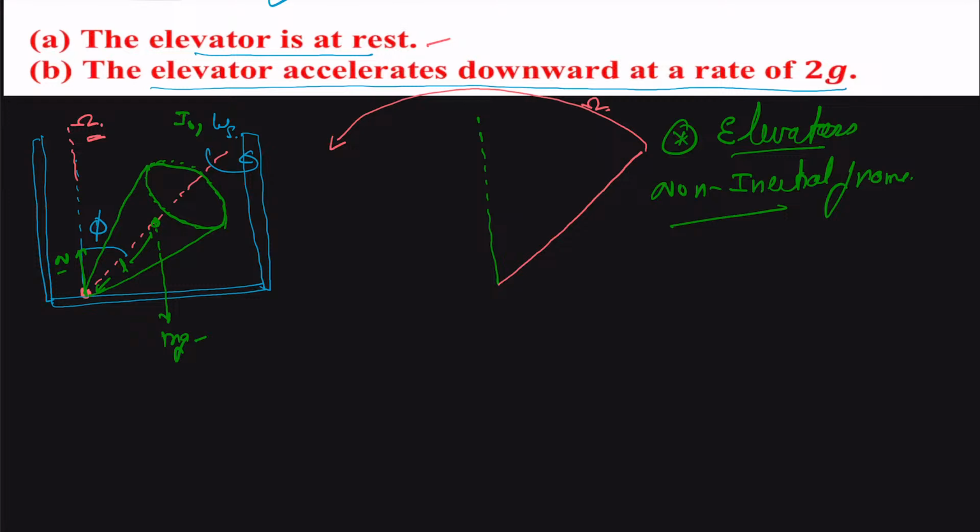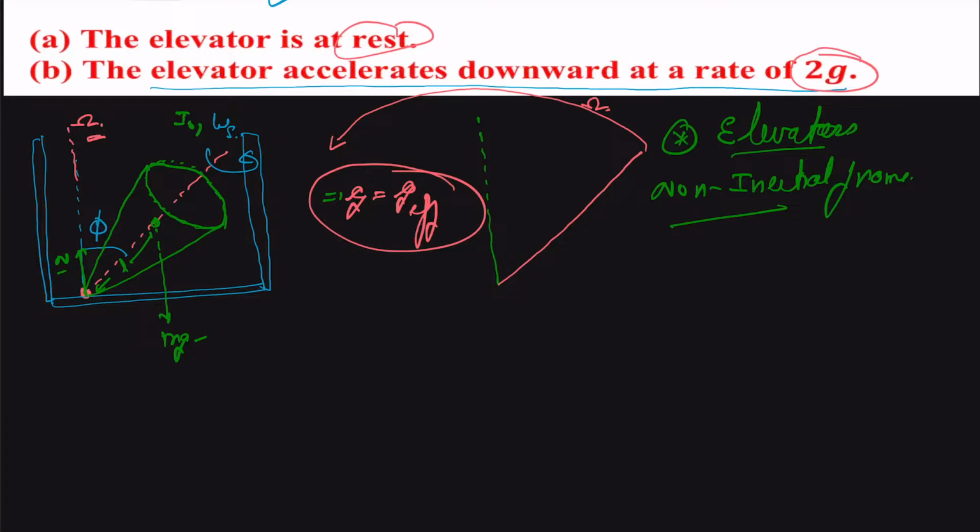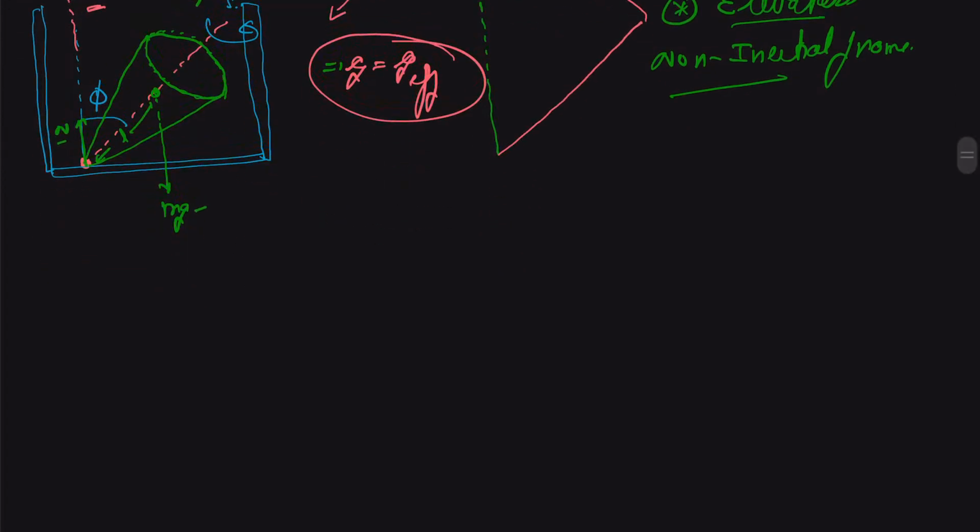So let us assume that here we take g as g effective, because it is an elevator. No doubt sometimes the elevator is at rest and at other times it is moving with 2g, but we are going to take g as g effective. Later on we can just replace this g effective anyway for part A as well as part B.